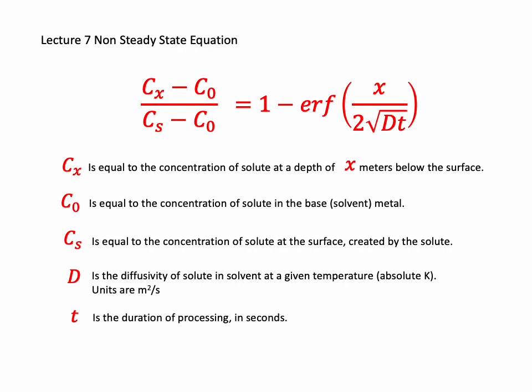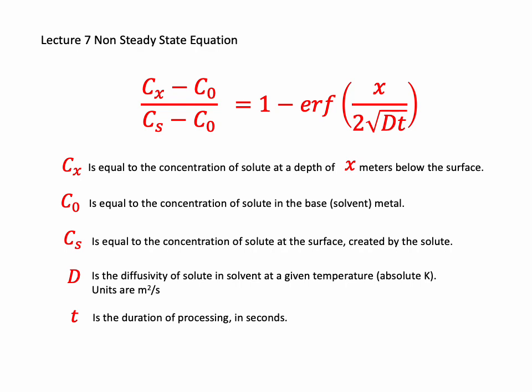In the last module for lecture 6, I introduced the error function, and I'll be using the table that I handed out in class to determine the error function of different values for x over 2 square root Dt. The terms are defined here. C sub x is a concentration at depth x.